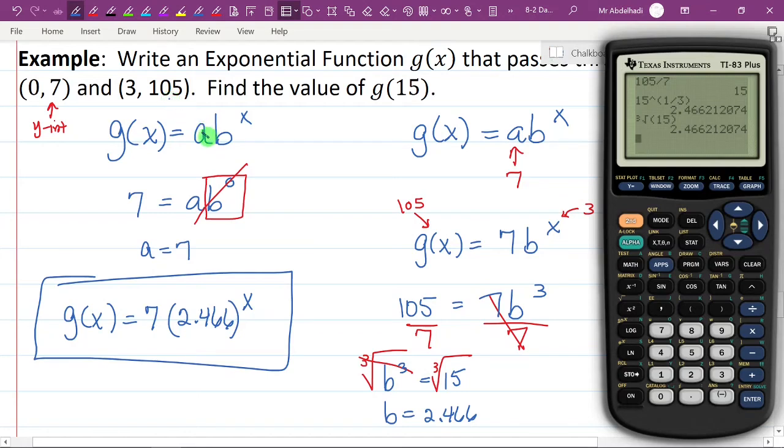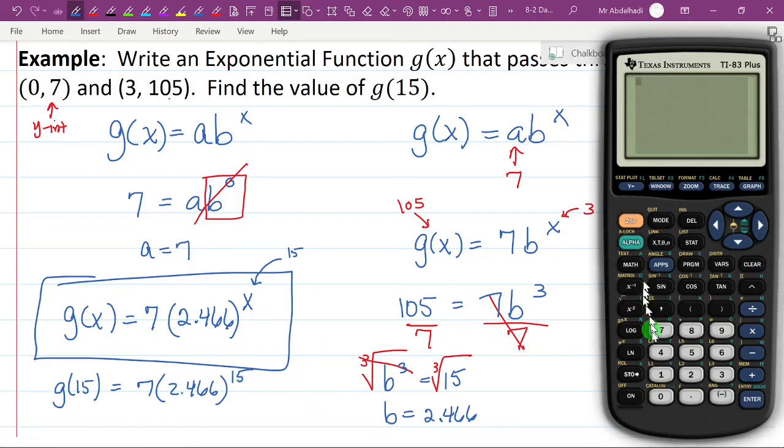All right. Now the next thing we have to do is find the value of g of 15. So basically what we want to do is plug a 15 here, right? So g of 15 equals this whole thing here to the 15th power. And let's see, I guess we can just come over here and do it. That'll be 7 times 2.466. Actually, this is rounded off.